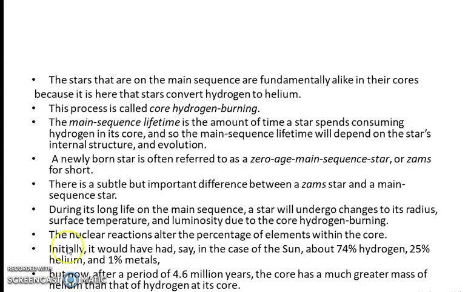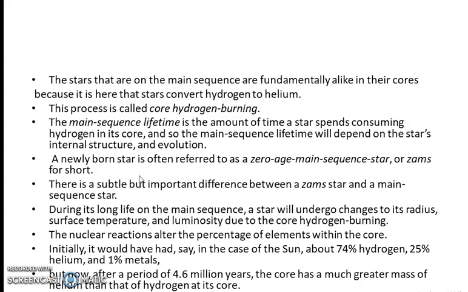The stars which are on the main sequence are fundamentally alike in their course because we know that a star on the main sequence has the same mechanism of energy production. So in the core, hydrogen fusion takes place and hydrogen is burned to form helium.